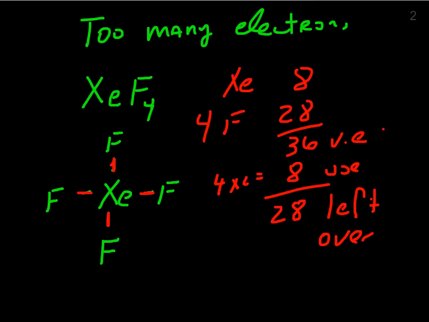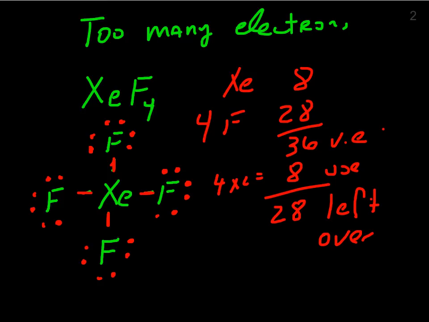So here goes. I'll start with this fluorine right here. 1, 2, 3, 4, 5, 6, 7, 8, 9, 10, 11, 12, 13, 14, 15, 16, 17, 18, 19, 20, 21, 22, 23, 24.